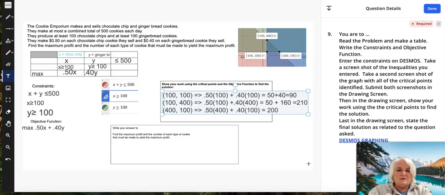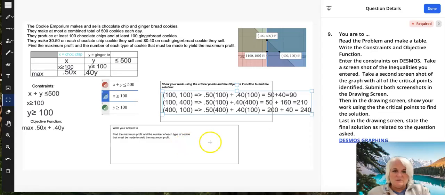So 200 plus, and then 0.4 times 100, that would be 40 again, so that's 240, equals 240. So, and this is money, but that's my work screen, so I don't have to put in the dollar signs.